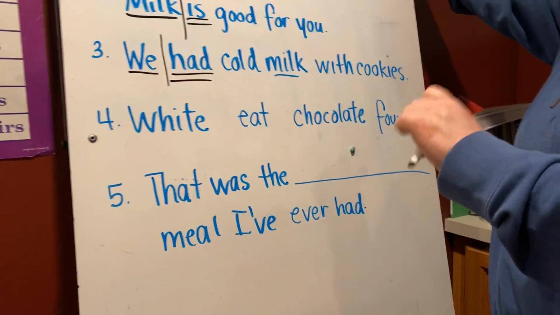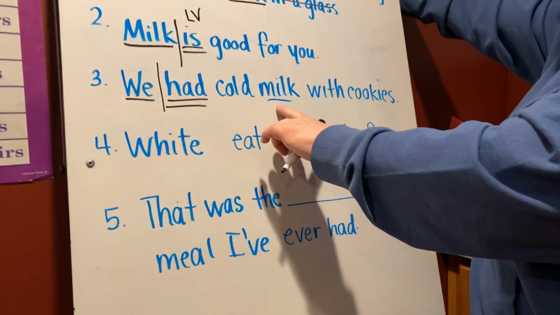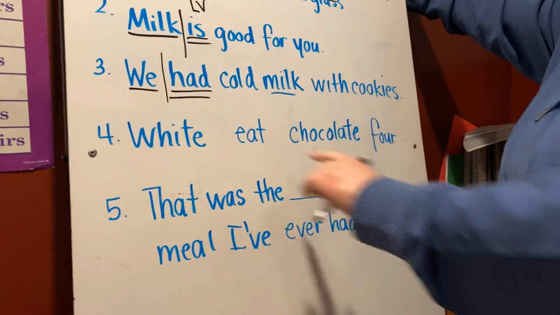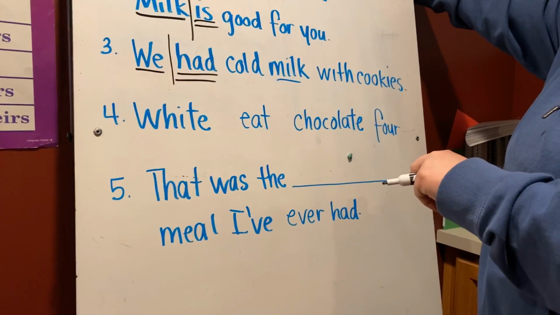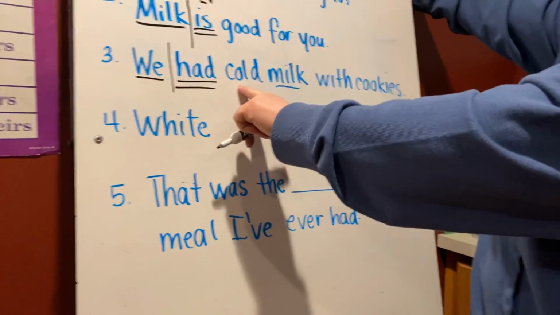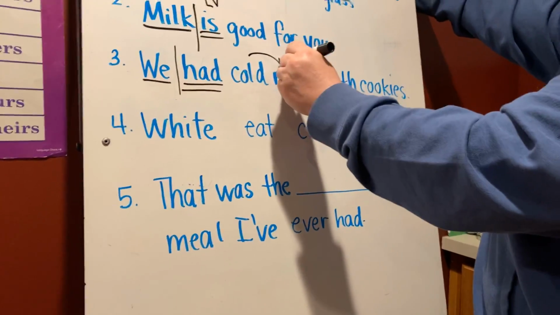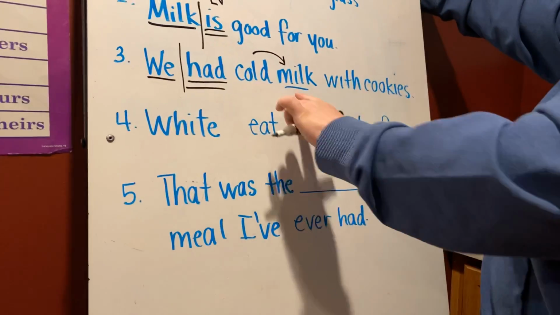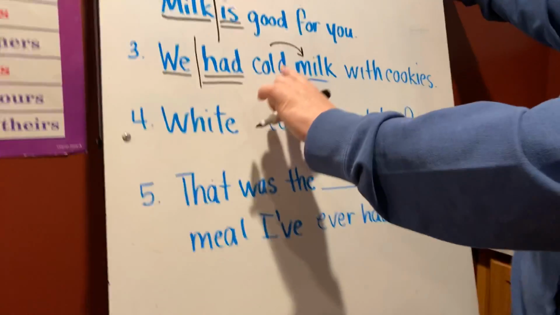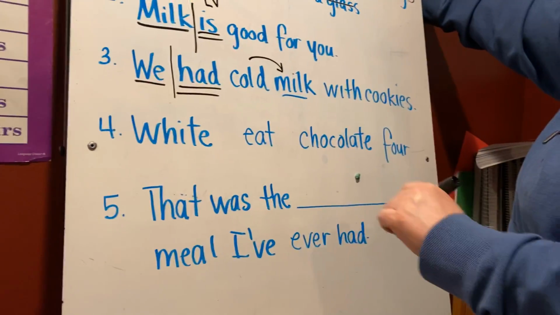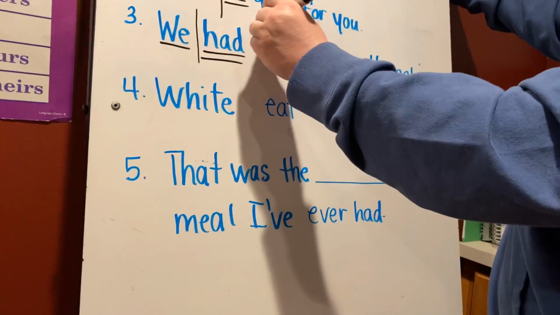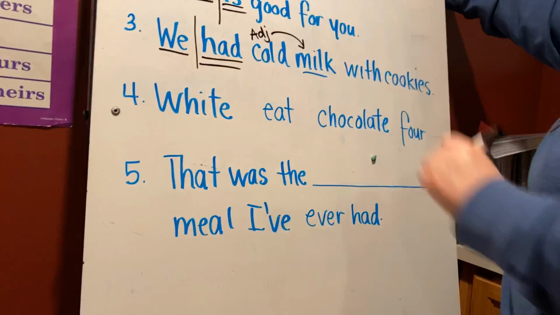A noun is a person, place, thing, or idea. What word in this sentence is describing milk? Cold is describing milk. Okay, add that arrow. If milk is a noun and cold is describing milk, what does that make cold? Cold is an adjective.